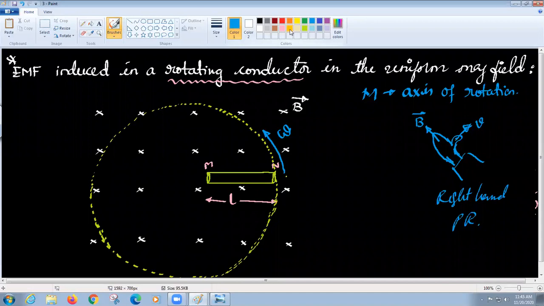The normal to the palm is towards the left side, right? So here you must have positive potential. That means at one end there will be positive potential, and at the other end there will be negative potential. Yes or not? Yes, sir. So first of all, we have to confirm this. Once you confirm this, finding the induced EMF is very simple.